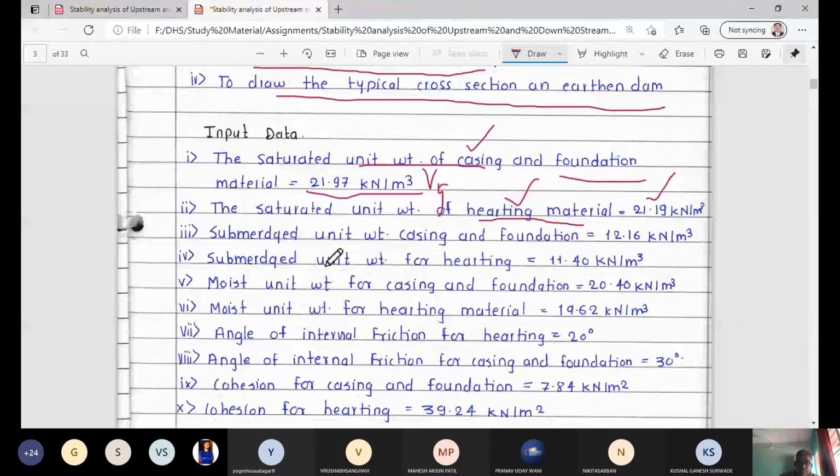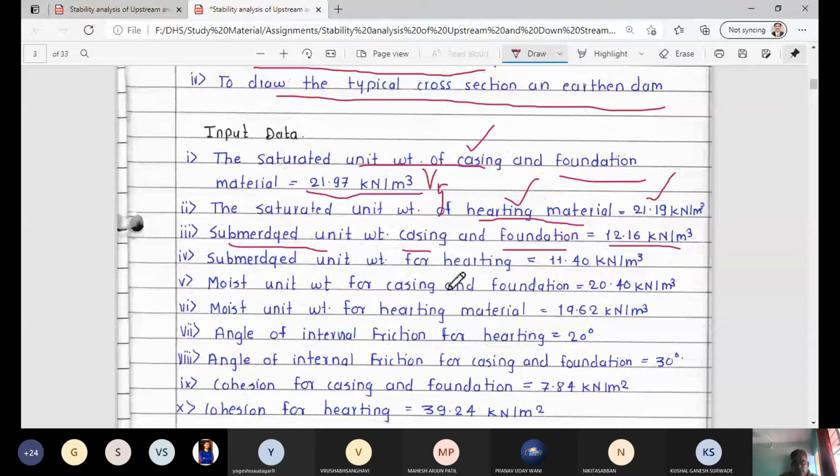Then once the phreatic line is located, the portion that lies below the phreatic line will be submerged under water. So this is the submerged unit weight of the casing and the foundation. If you look at the section of the earthen dam, part of the casing is under submersion, and the whole foundation is under submersion. The submerged unit weight is given as 12.16 kilonewton per meter cube.